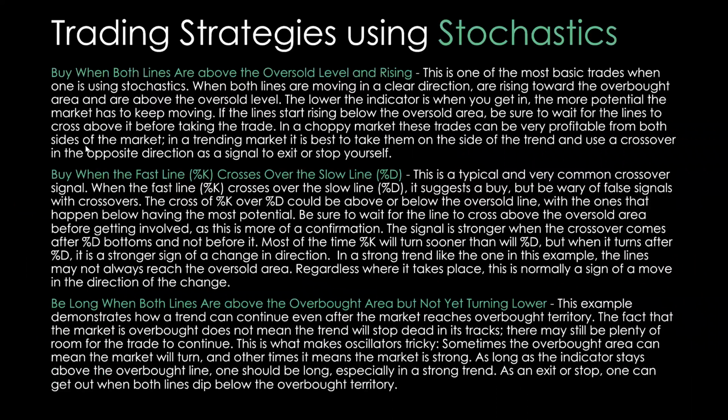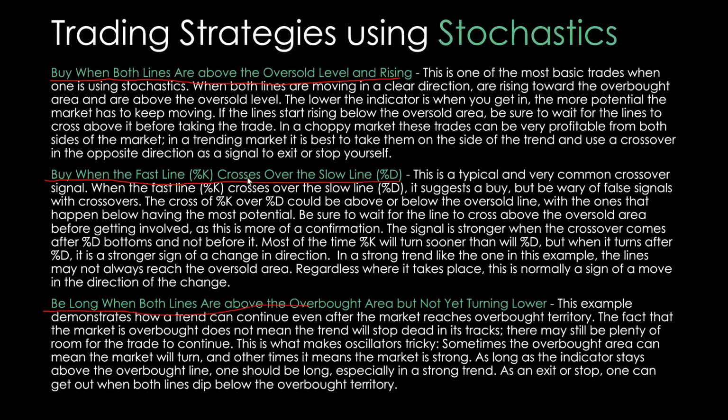So there's several ways. I'm just going to read the top line for this, and then we can come back to this in a minute. I'm going to show you all of these. You buy when both lines are above the oversold level and rising. You buy when the fast line K crosses over the slow line D. You're long when both lines are above the overbought area, but not yet turning lower.